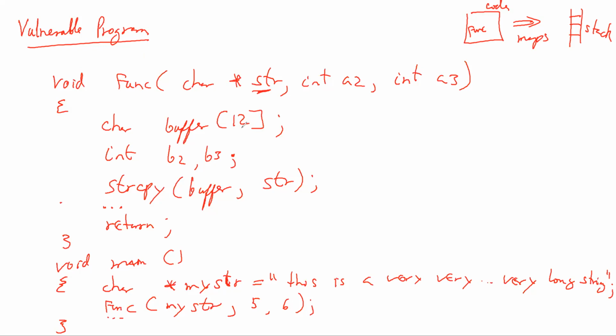Buffer is 12 characters, it can hold 12 letters, because it's size 12 bytes, right? Now B2 and B3. This function here, string copy, literally copies whatever is in S, the string, into buffer. You see that?